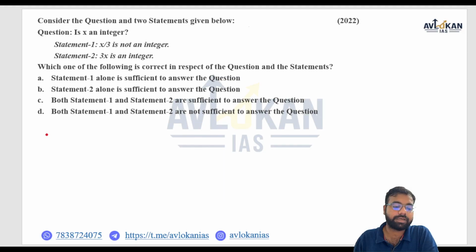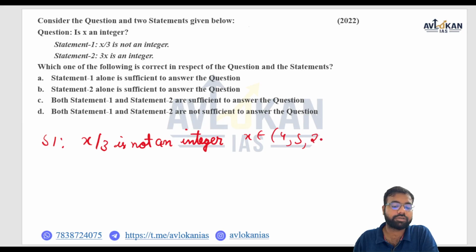Statement 1 is x by 3 is not an integer. So we can say that x can be 4, 5, or we cannot take 6 because then it will be an integer, and we can also take decimal numbers like 2.7.